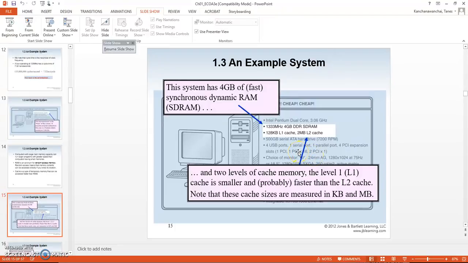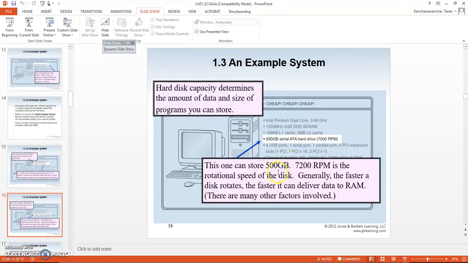Now, where do we install the operating system? It's stored on the hard drive. That's why the hard drive is bigger than the RAM. We can install a lot of programs, apps, things like that. Apps are installed on top of the operating system, but they occupy the hard disk. And this is secondary storage, right?